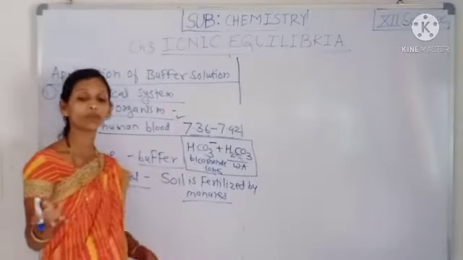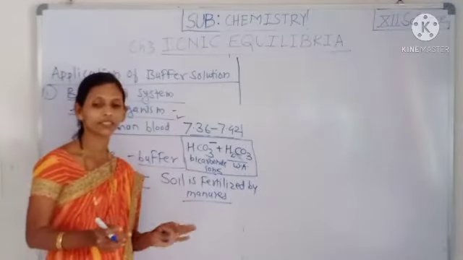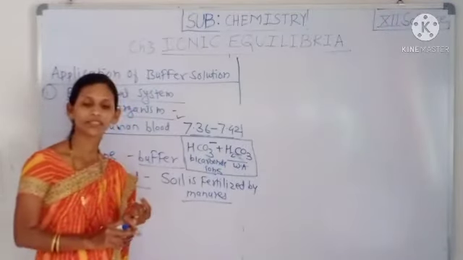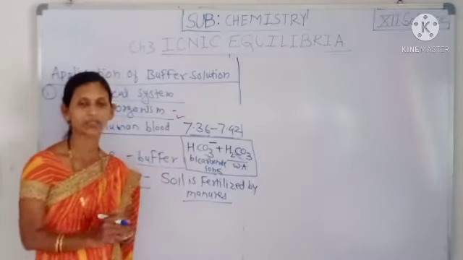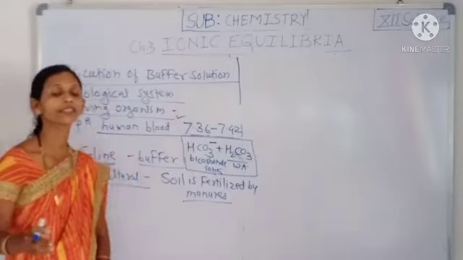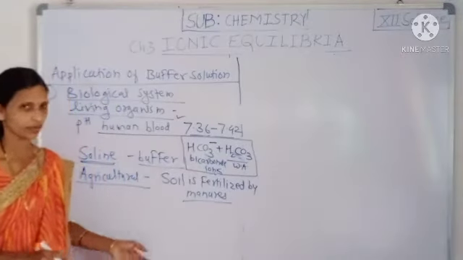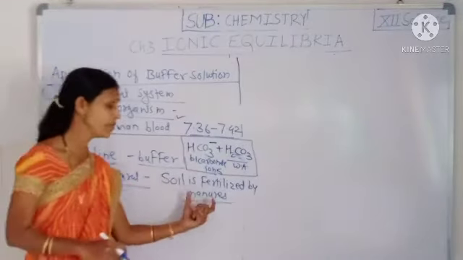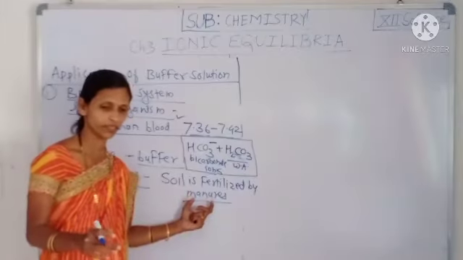There are different types of fertilizers, that is carbonate fertilizers, bicarbonate fertilizers, phosphate fertilizers, or organic acids, which act as manures or fertilizers.